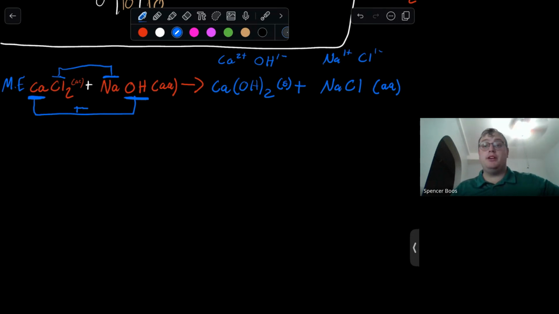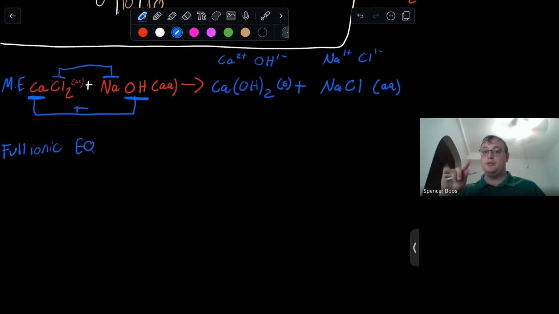Your next step here would be writing out the full ionic equation. For the full ionic, every single compound except your solids gets broken up into aqueous compounds. All get broken up into the ions.